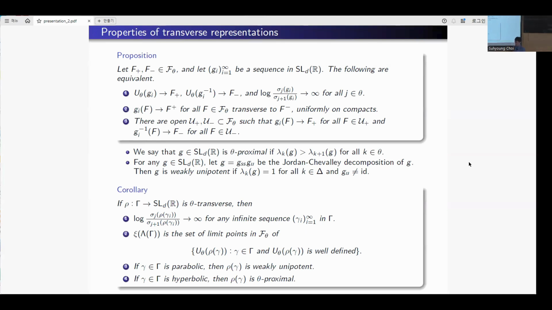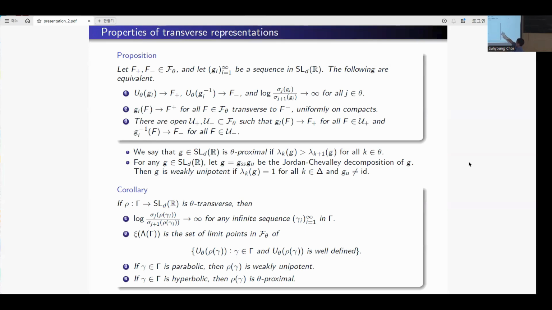Basically, every time you have a g, you view it as a complex element in SL_d(C), and you write it in Jordan normal form. You look at the diagonal entries of that matrix. Those are complex numbers, maybe some real, some complex. Just take the absolute value of all of them, and then you list them in weakly decreasing order. So lambda_1(g) is the biggest, lambda_d(g) is the smallest. That's what the lambda_i(g) is here.